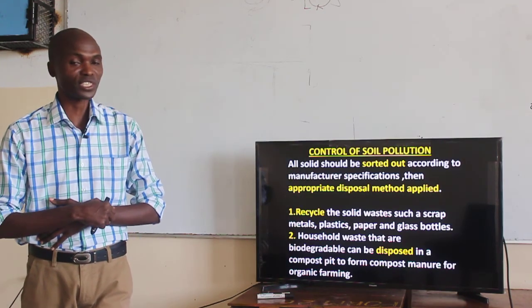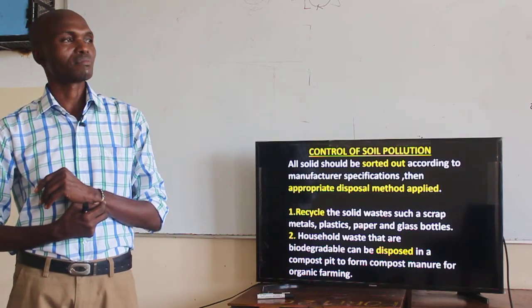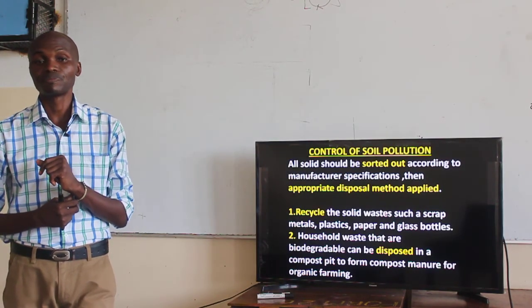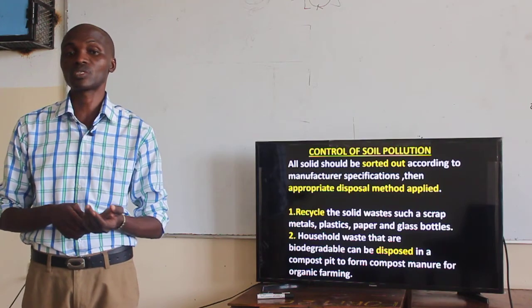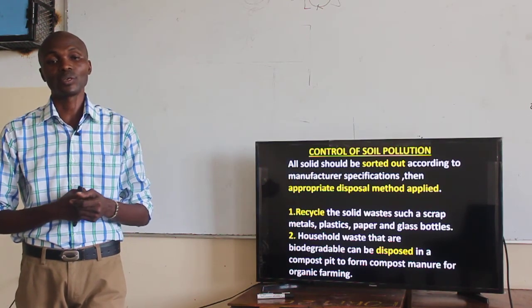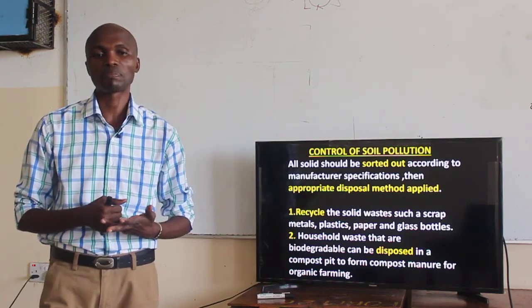Some of the control measures of soil pollution: it's very important that whenever you are dealing with solid waste, it needs to be sorted according to the manufacturer's specifications, and then the appropriate method of disposal needs to be applied.